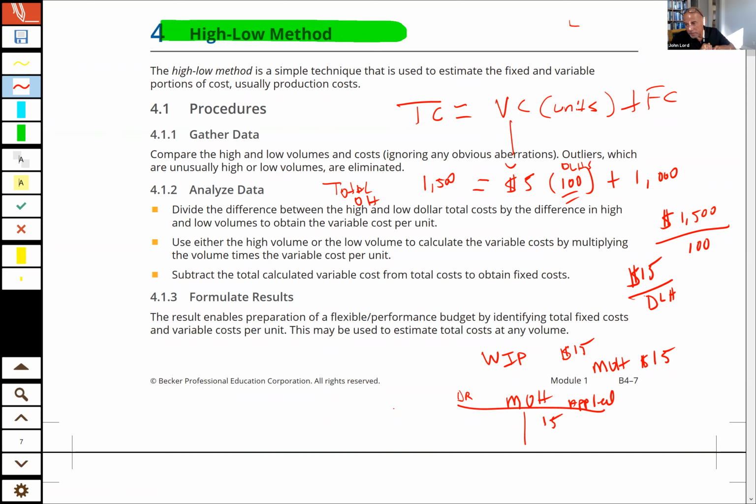What's on the debit side? Manufacturing overhead. Yeah, we've got the credits, which is the applied. Use the predetermined overhead rate, right? What's on the debit side?